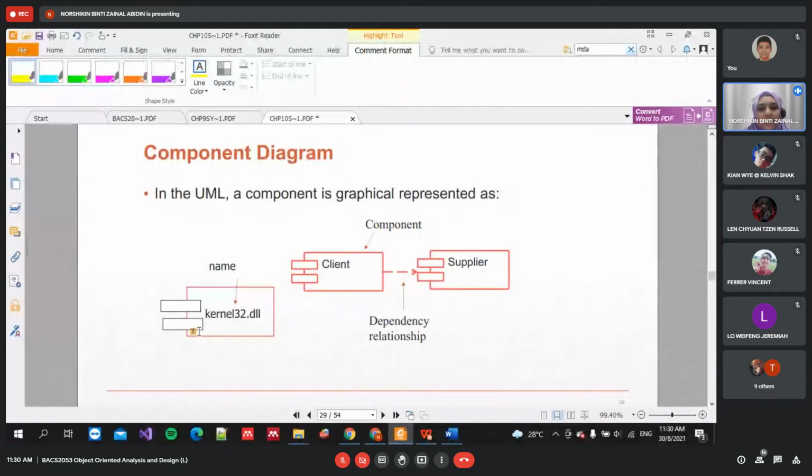Here is an example of a component diagram. In the UML, a component is graphically represented like this. This is the notation, or we can call it a symbol, for a component.